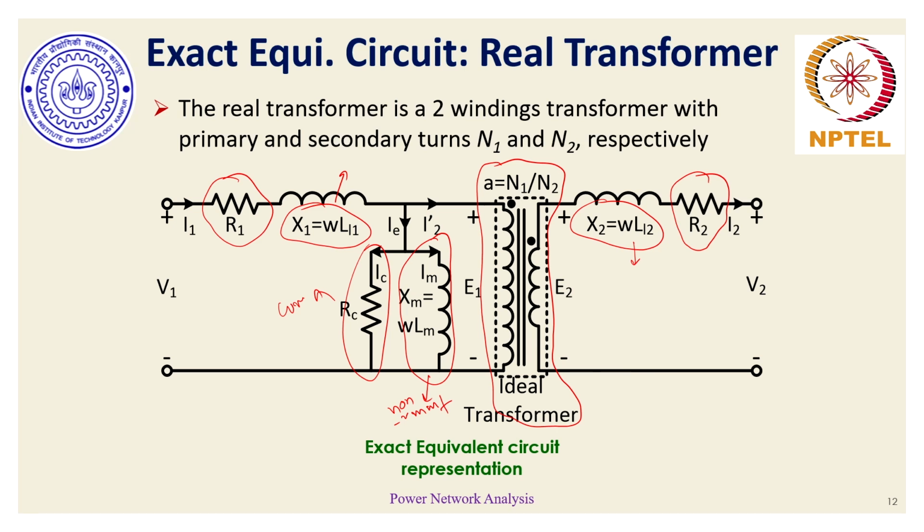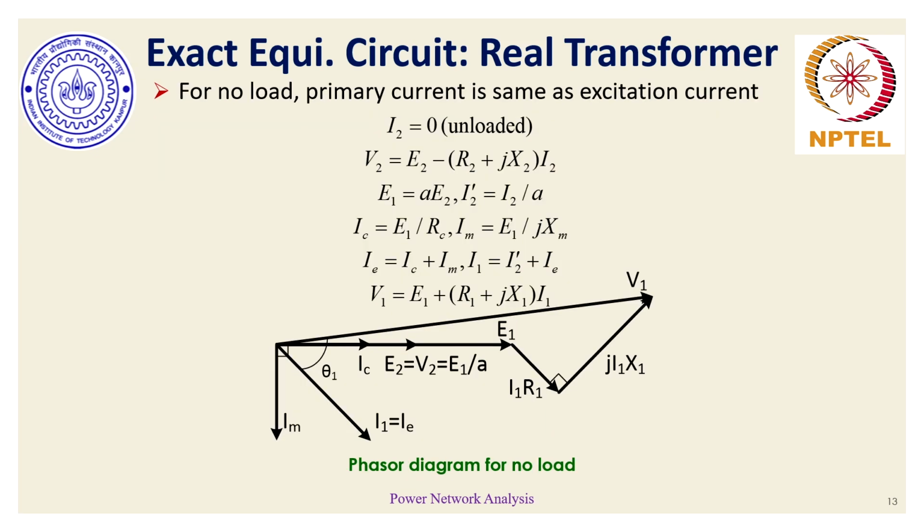But having known these quantities, now we can also define certain relationships for this real transformer. Those relationships, specifically for an unloaded case, are shown over here. Depending on whether the current exists or not, V2 and E2 will not be equal because of the voltage drop across the winding and the leakage reactance.